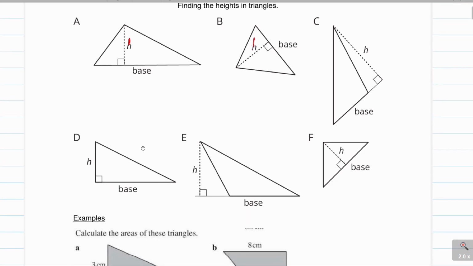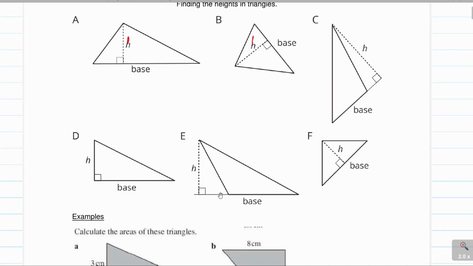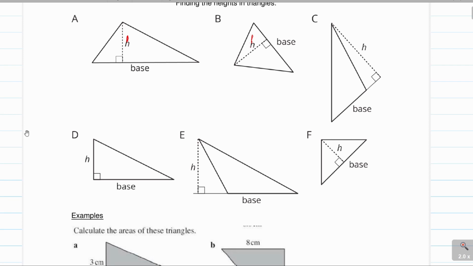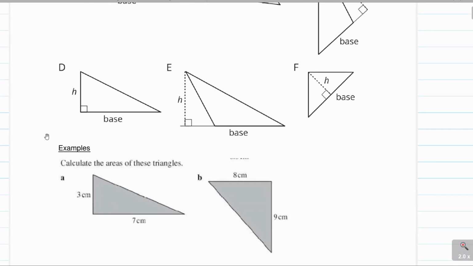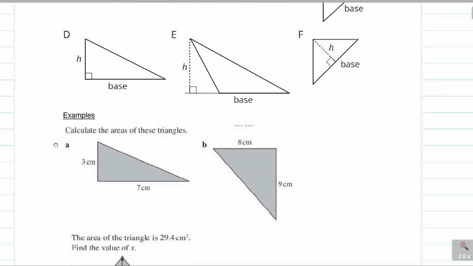Alright. For now, you just need to know how to identify where the height is in these triangles. Okay, so you can take a look at these notes should you get any triangle and you need to know where the height would be.